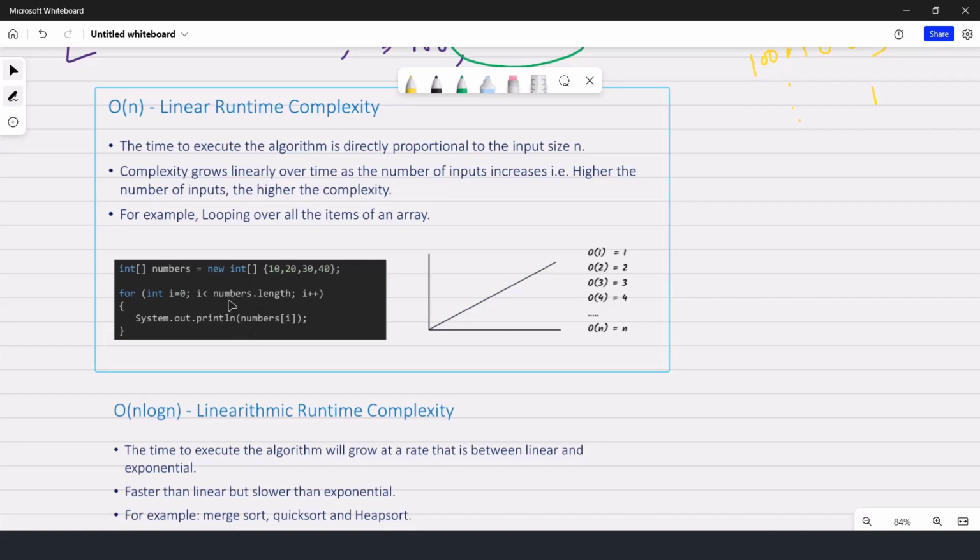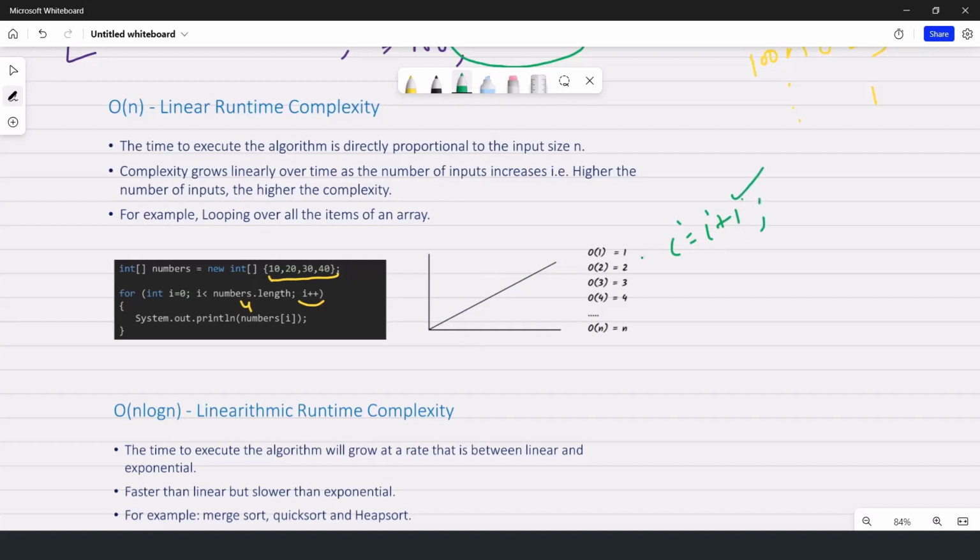The loop condition is i less than num.length, which is 4 in this case because the array size is 4. The loop increments by i++, that is i equals i plus 1, so it is incremented by 1.